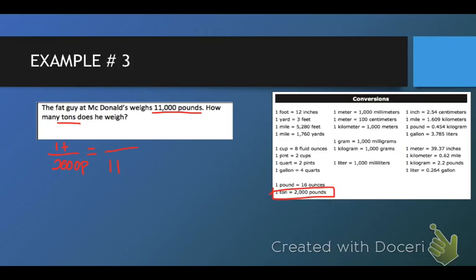Oops, my finger just doesn't want to write today. 11,000 pounds, and we're going to figure out how many tons. Okay, and that would be X tons. Same way, 11,000 times 1 is 11,000, divided by 2,000, and that will actually give us 5.5 tons, and that's your answer, 5.5 tons. Okay, so 5.5 tons is your answer. Congratulations. Okay, and we want to make sure we have our label there.